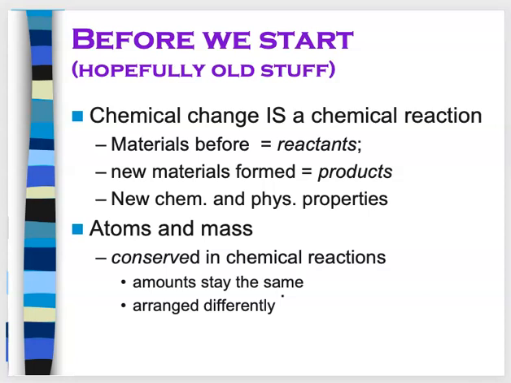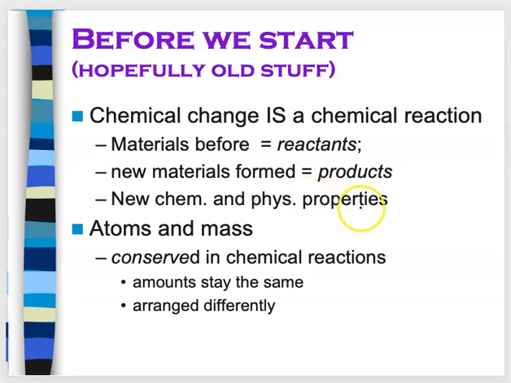So just as a reminder, we spent some time looking at chemical changes. Chemical changes are a chemical reaction, and what you have at the beginning before anything happens is referred to as the reactants, and the new substances that get formed are referred to as the products, and the products have different chemical and physical properties from the reactants.